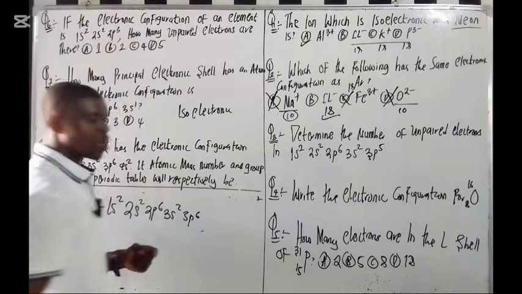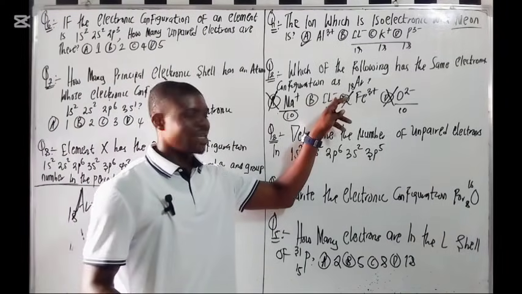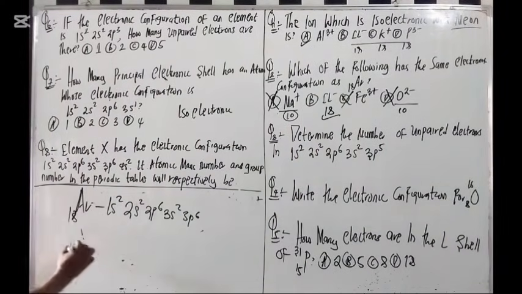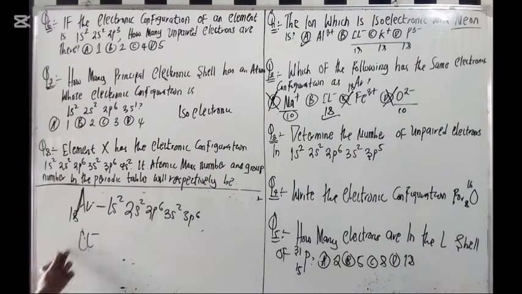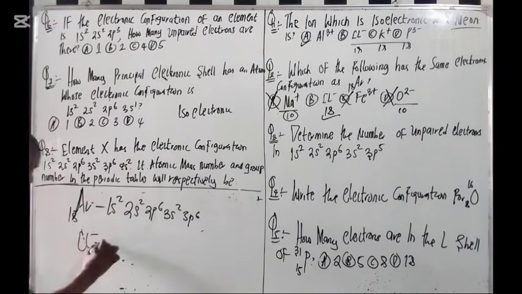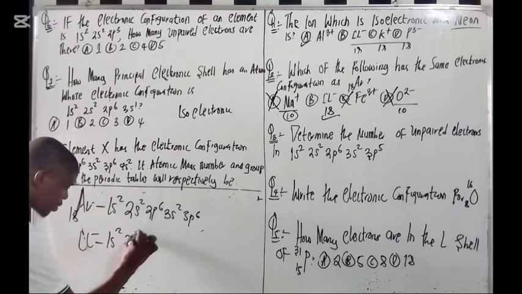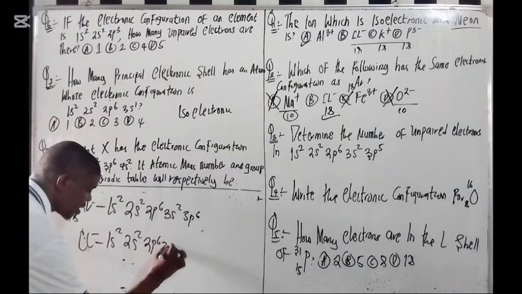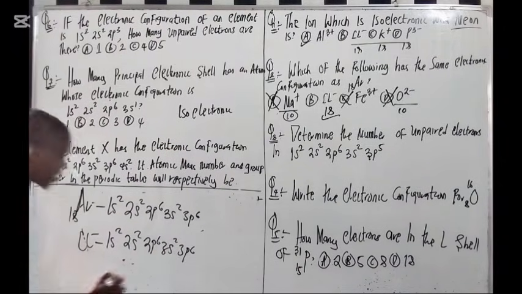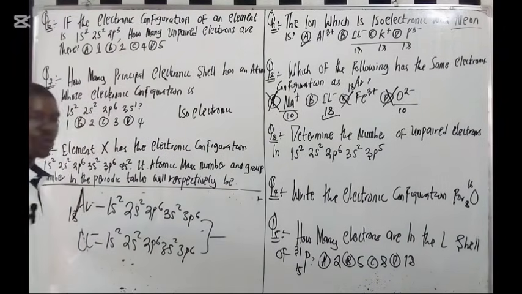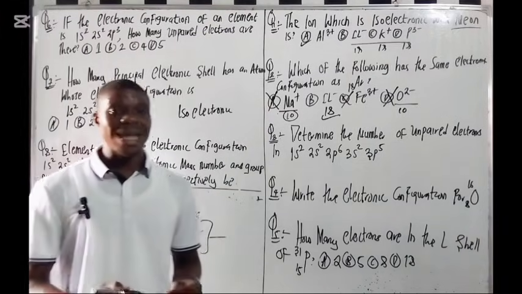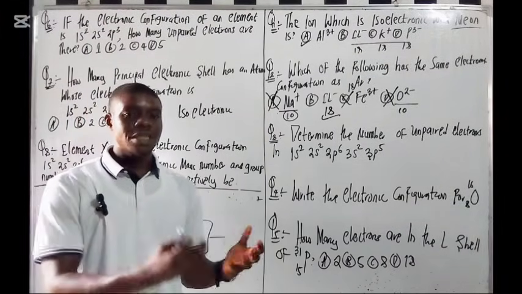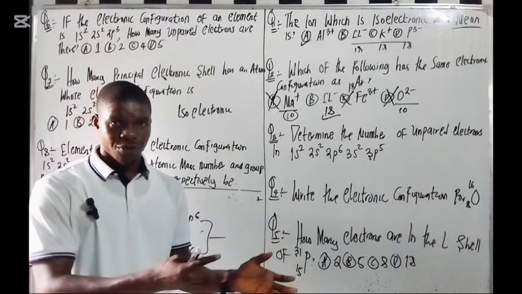Chlorine minus also has 18, so it's also going to be Cl minus. Now the electron number is 18, so it will be 1s2, 2s2, 2p6, 3s2, 3p6. They are isoelectronic to each other. So when the question asks about isoelectronic, they have the same electron configuration.